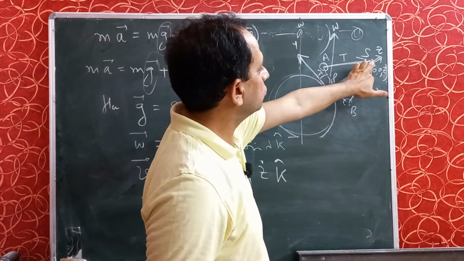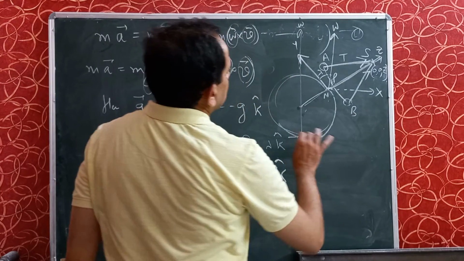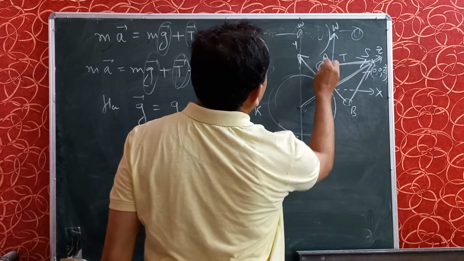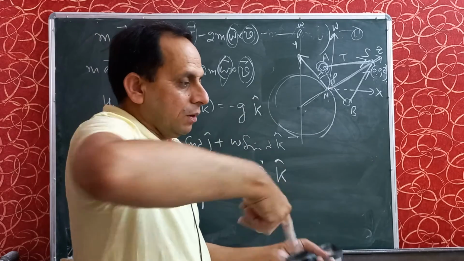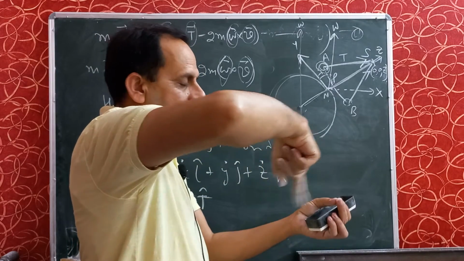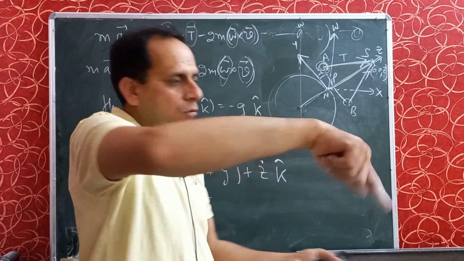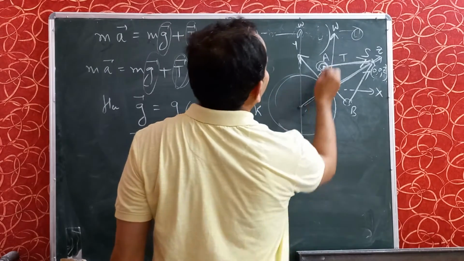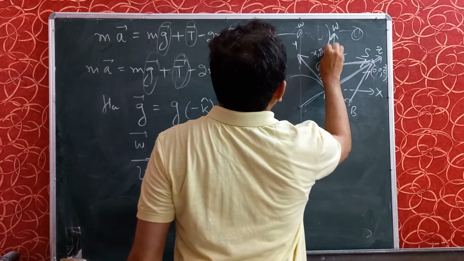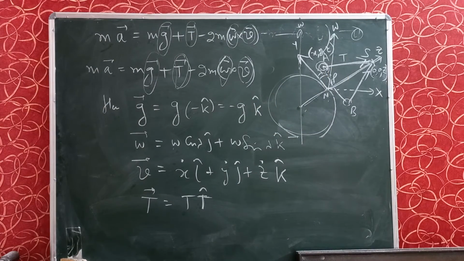And the coordinates of point A, because A is movable and moving like this, sometimes here, and after some time it will go here. Ultimately it will rotate. So the coordinates of point A are x, y, z. General coordinates we will consider at point A.